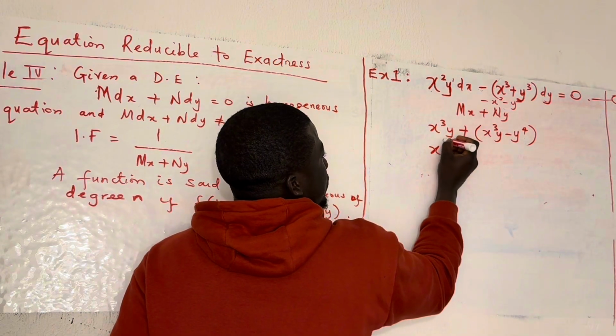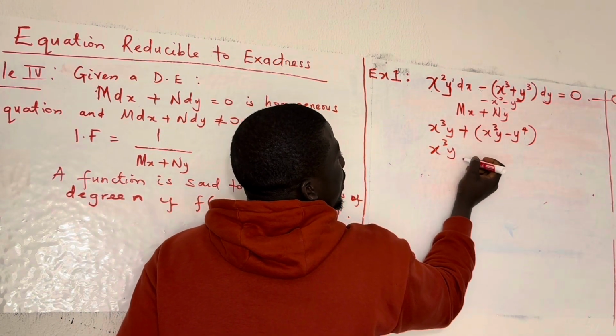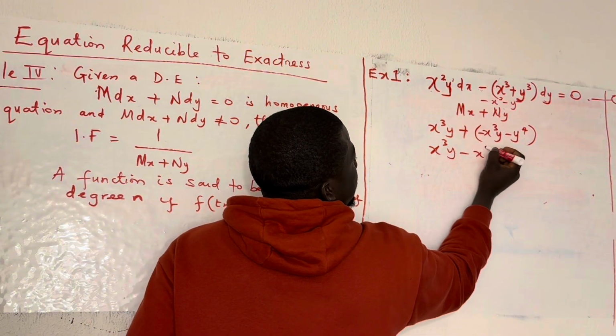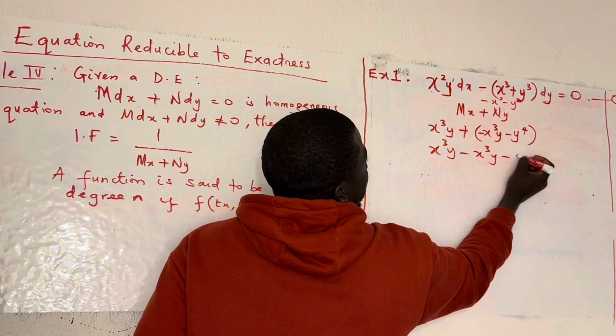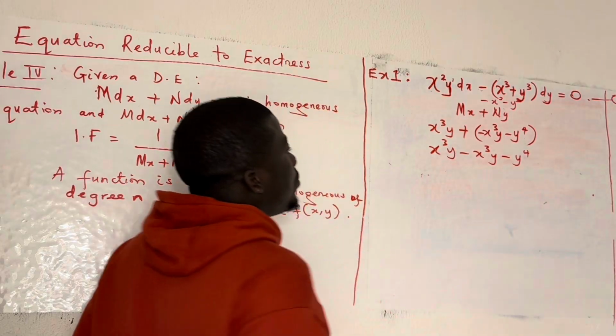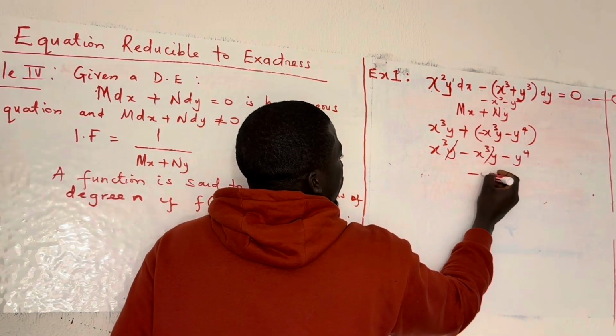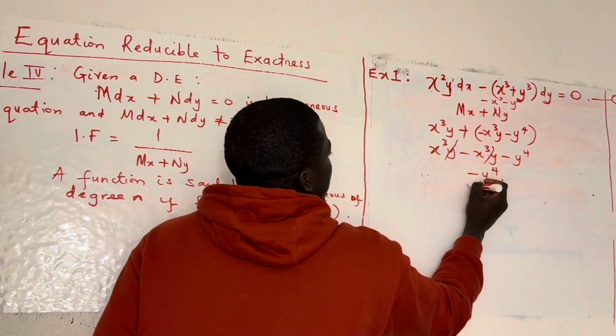So x cubed y, yes, this is minus x cubed y minus y raised to power 4. So this we cancel out. We are left with minus y raised to power 4.